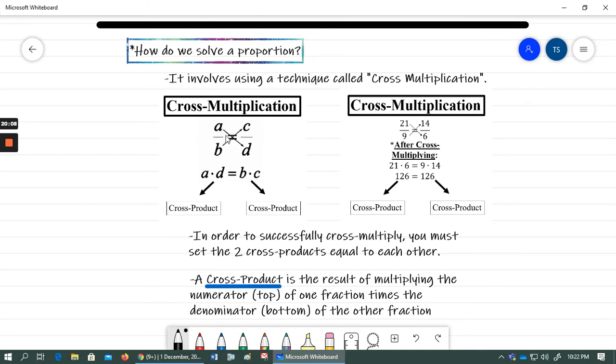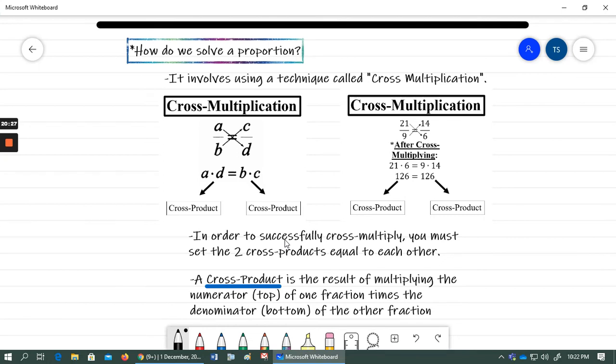And you kind of see those arrows there, and so when we say cross multiplication, let me explain it like this.